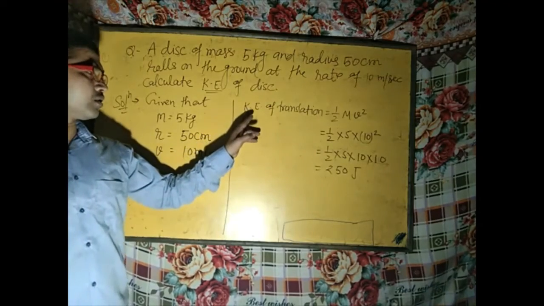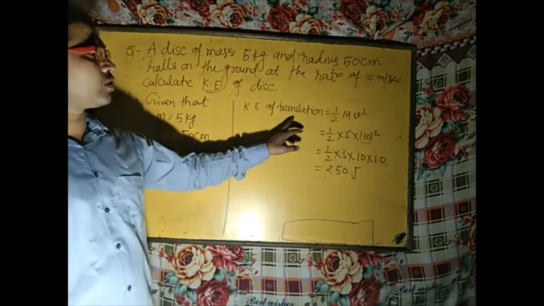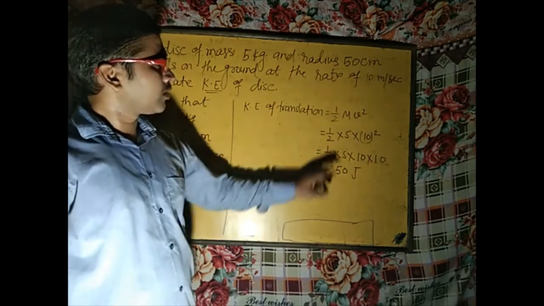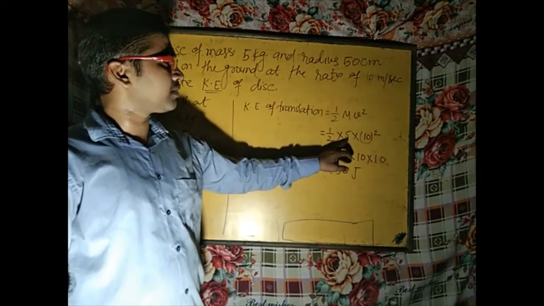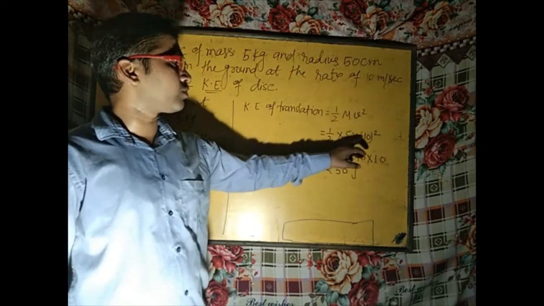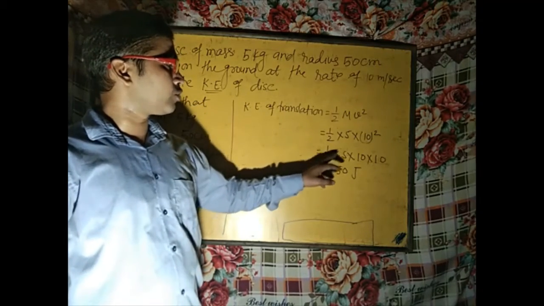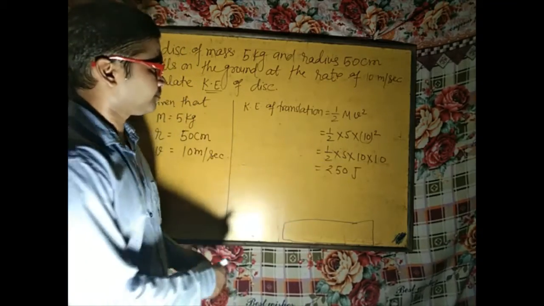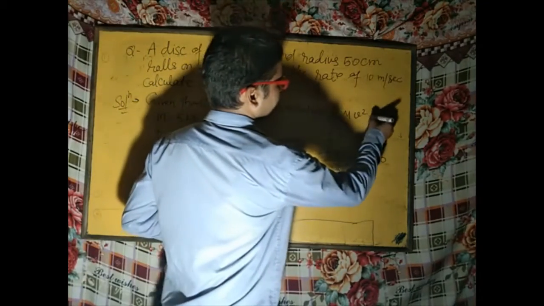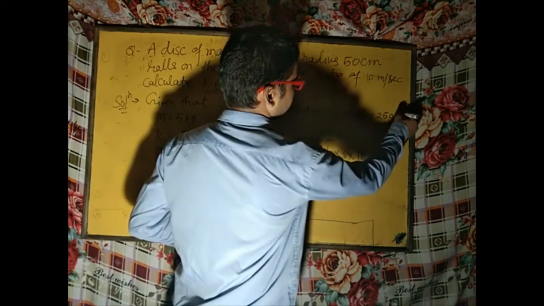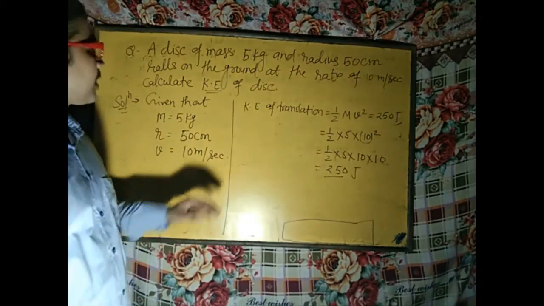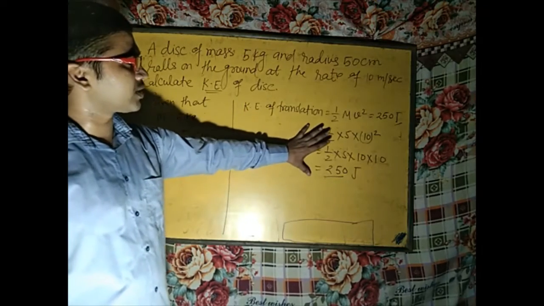So you can see, kinetic energy of translation is equal to 1 by 2 mv square. The value of mass is 5 and v is 10. So 5 into 10 square, then it is 1 by 2, 5 into 10 into 10, and it is 250 joule. So we can write here 250 joule, because to solve the other part of this question, I want to erase this part.